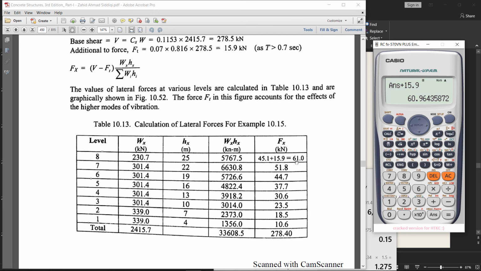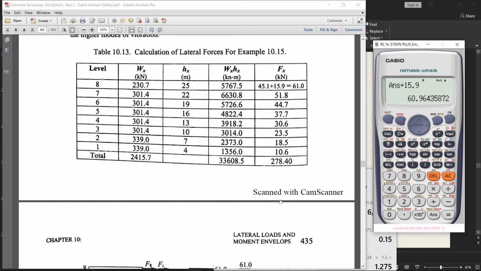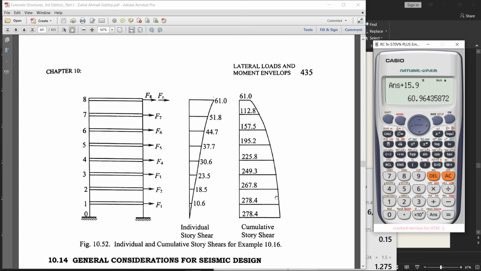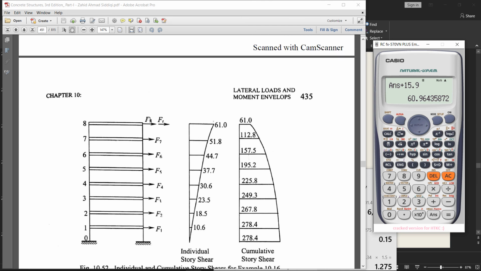So now this distribution can be seen in graphical form. The story shear in the first floor is 10.6, similarly 18.5, and then it is increasing. At the top only, Ft will be added, to account for the higher modes of vibration. So that is 61.